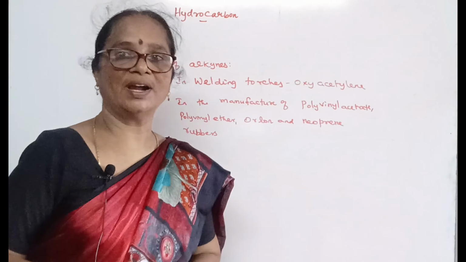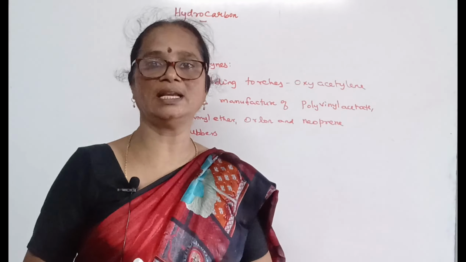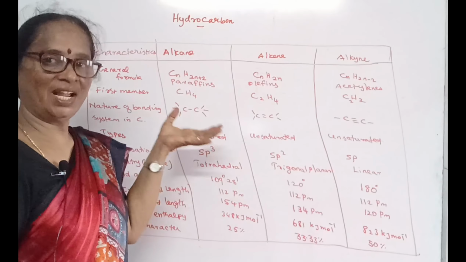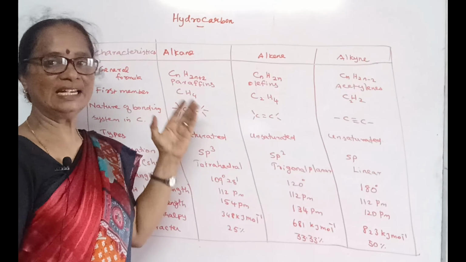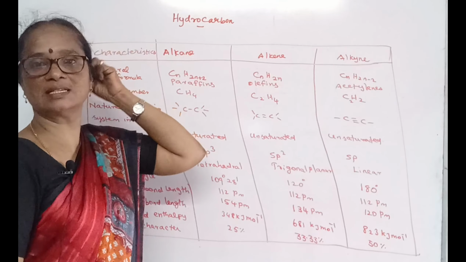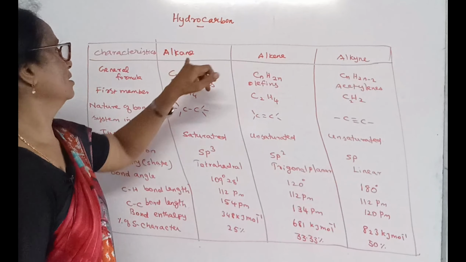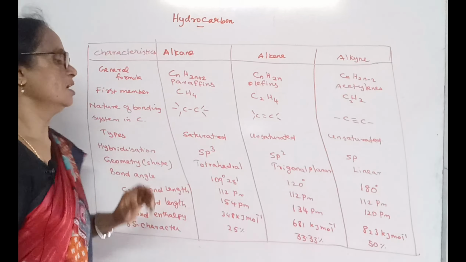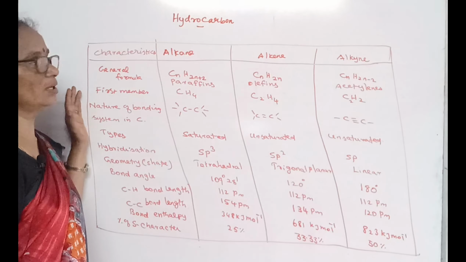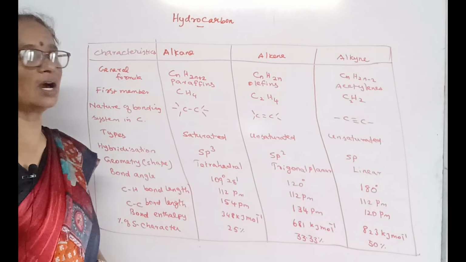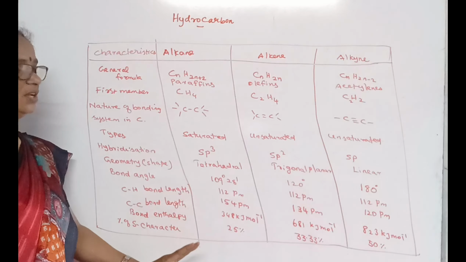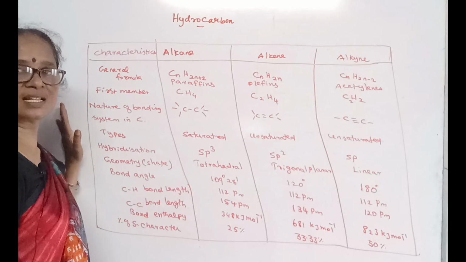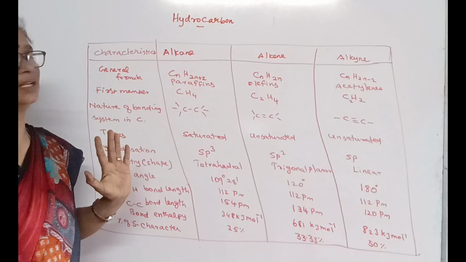Then let us find the comparative study of alkanes, alkenes and alkynes now. We have completed the 3 different homologous series of hydrocarbons: alkanes, alkenes and alkynes. So this is the summary about the 3 forms of hydrocarbon. Everything we discussed based on their structure, hybridization and s character is tabulated here.